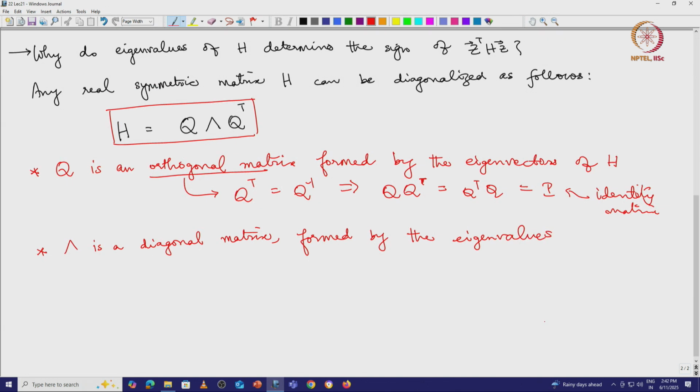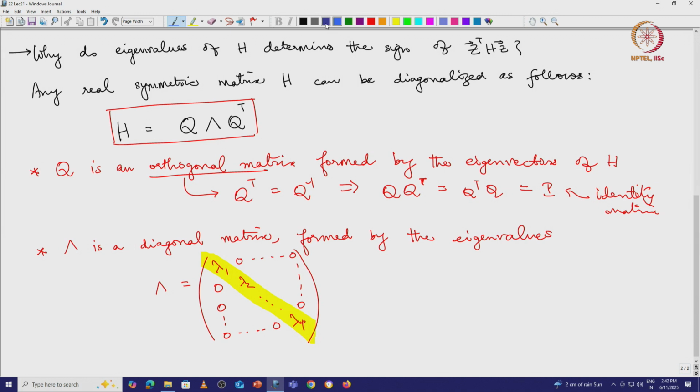Essentially this lambda is the matrix of lambda 1, lambda 2, up to lambda p, and then all zeros otherwise. I hope this makes sense. So that is why this uppercase lambda is a diagonal matrix.